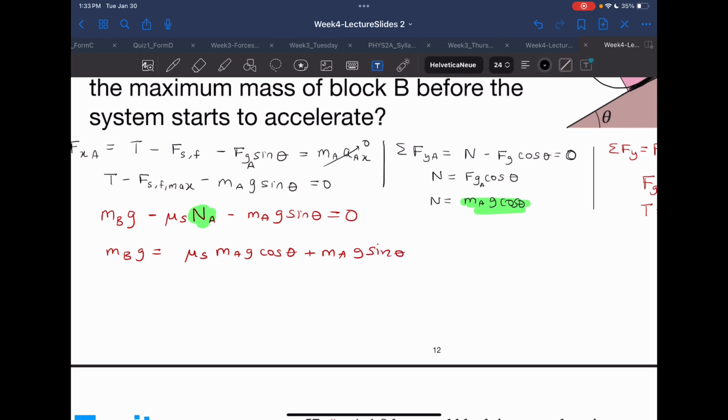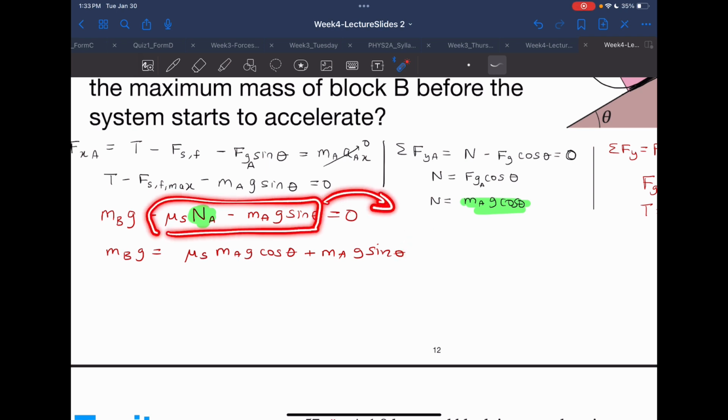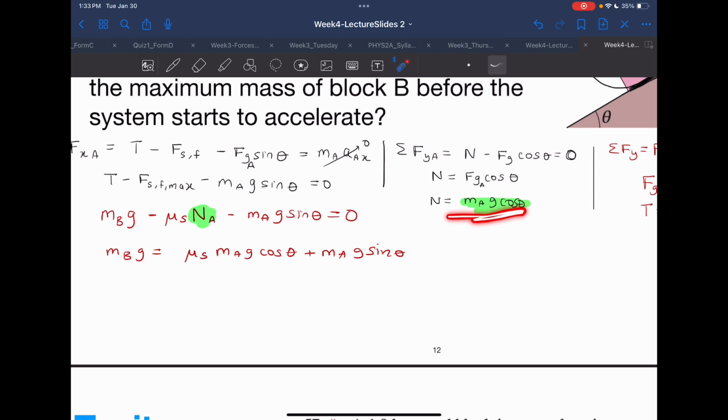So going from this step of algebra to this step of algebra, I have moved both of these terms to the right hand side, and I've plugged in the fact that the normal force is equal to the expression here. Make sure that you are able to do this algebra on your own without looking at the details of my work, and check your final answer.